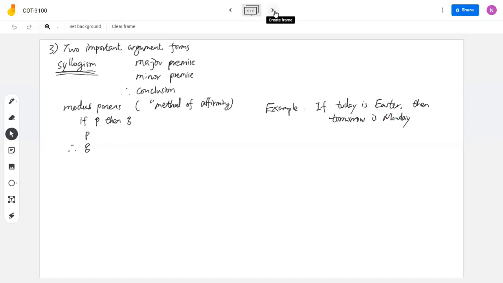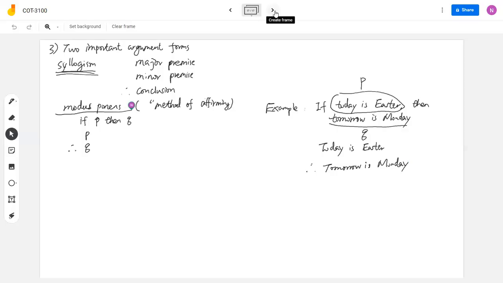And of course, today is Easter is our P, tomorrow is Monday is our Q. And then we have today is Easter, and therefore we have tomorrow is Monday. Okay, this is a Modus Ponens.